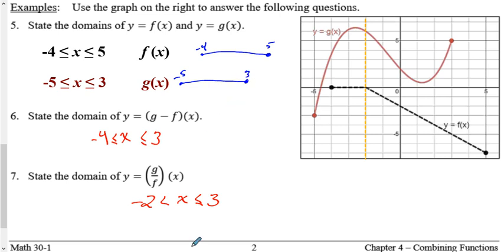So when we come to combining the two functions together, we have to take the intersection or the overlap of these two domains. So we're only going to look at this section in here, which goes from -4 up to +3. And so that's the domain that we wrote here for g minus f of x.